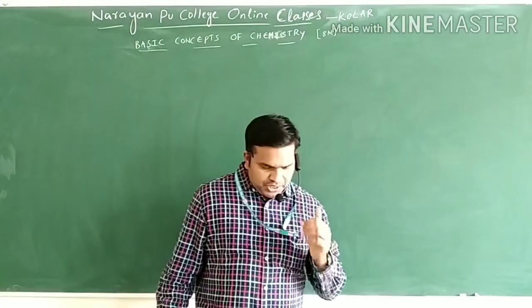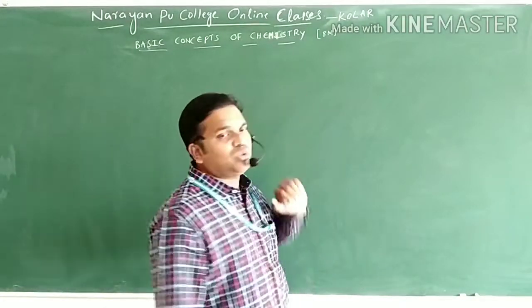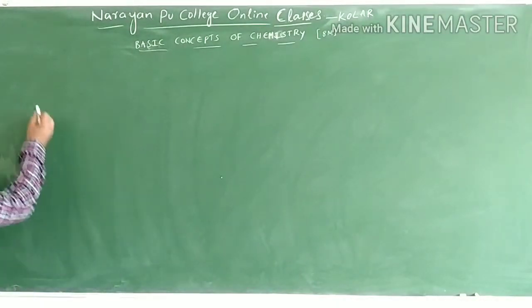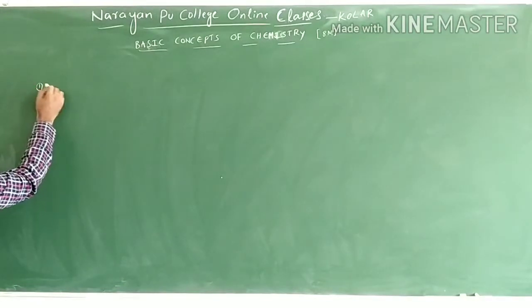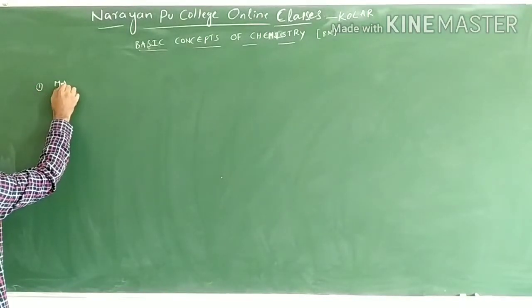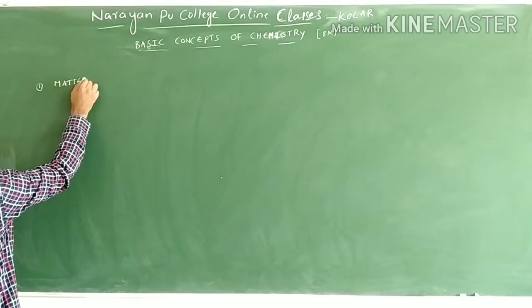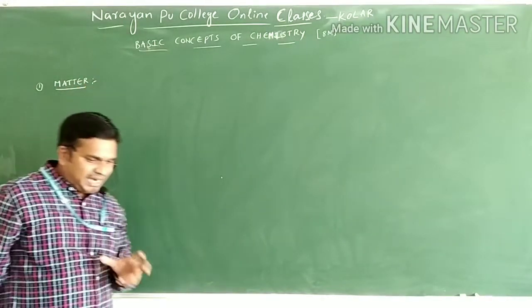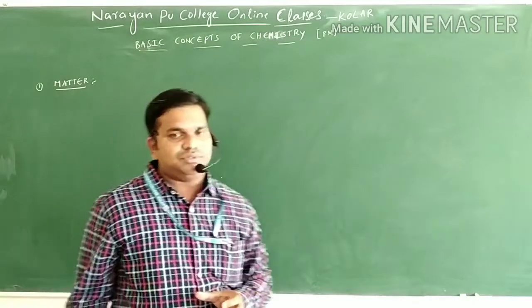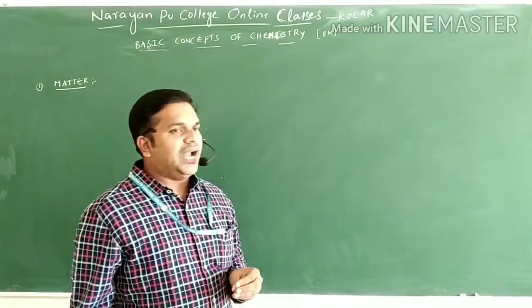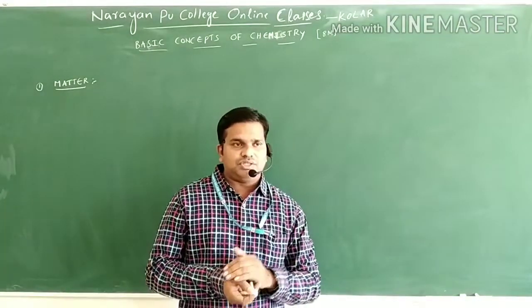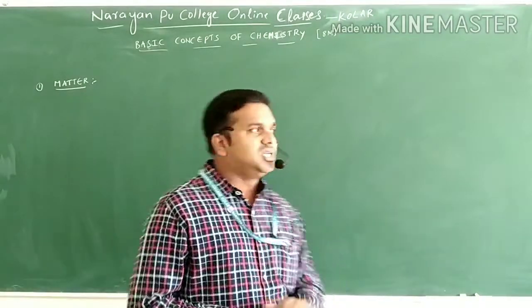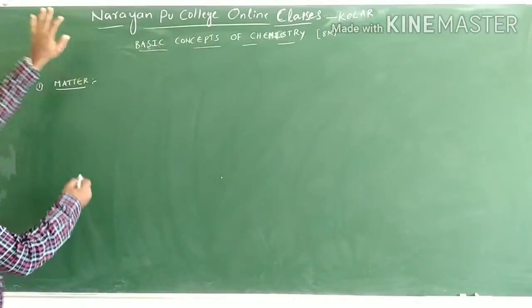Clear? So, in introduction to chemistry, mainly we are talking about matter. The first important term we have to know is matter. Okay. What is matter? Matter means things which have mass and occupy space.